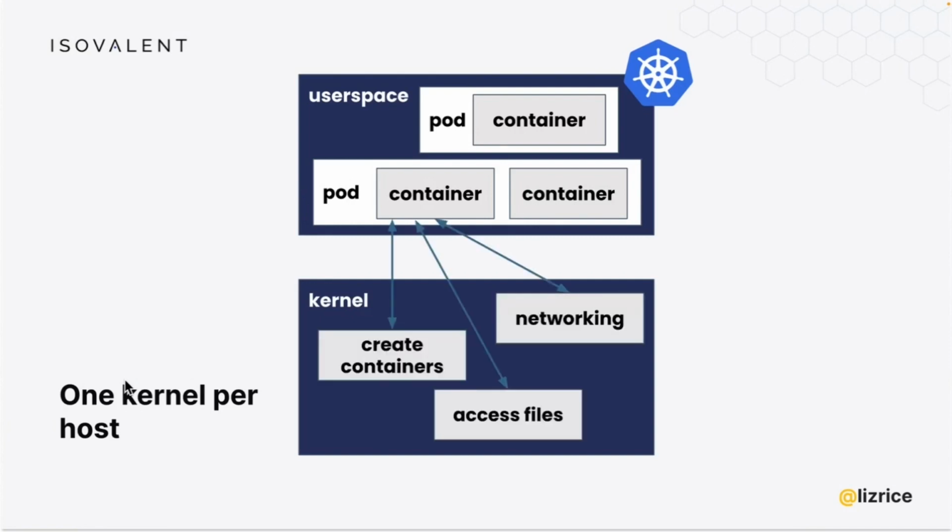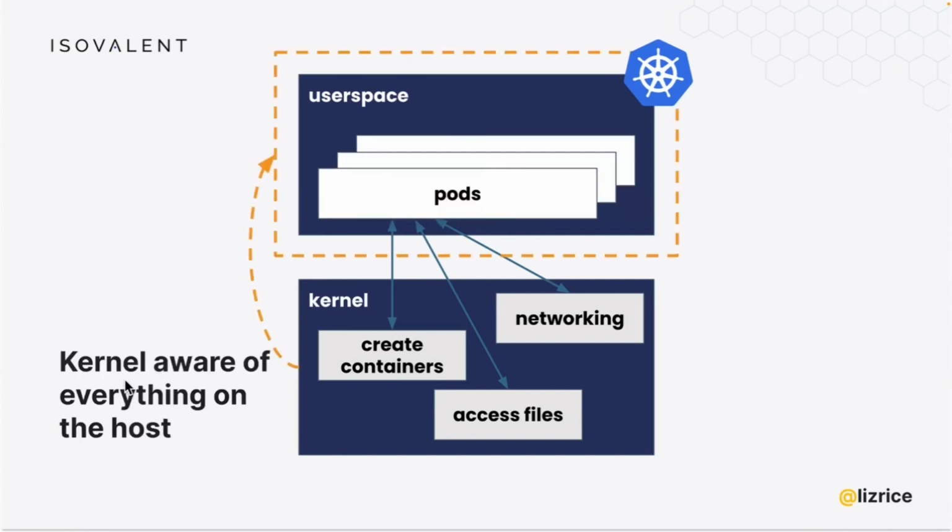So whenever our application code is doing anything interesting, that kernel is involved. The kernel's also involved in coordinating between multiple different processes that run on that machine. So if you do things like create containers, or if Kubernetes is creating containers and pods, again, the kernel is involved in that. So the kernel is aware of everything that's happening across that entire host.